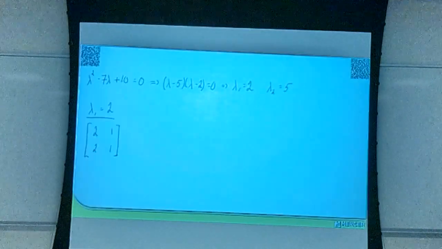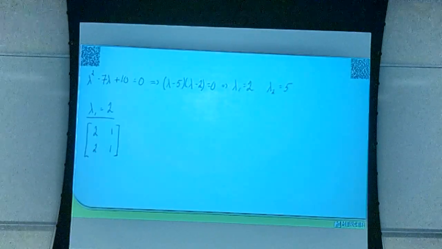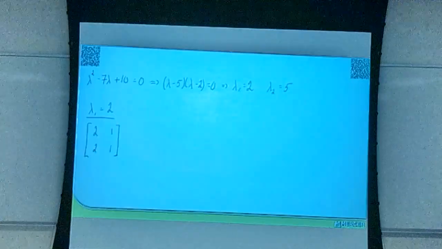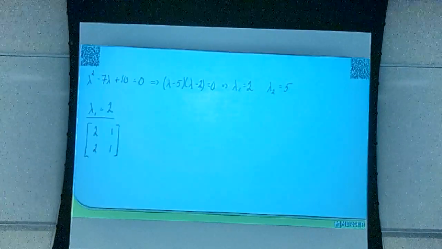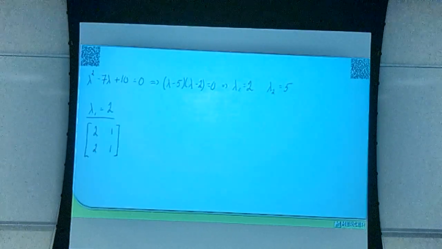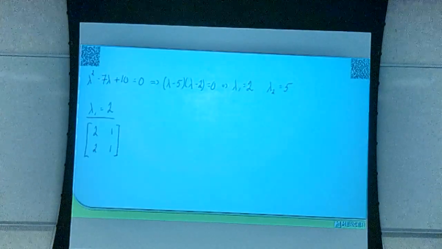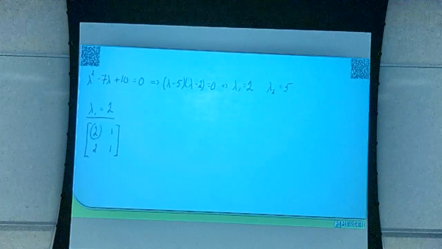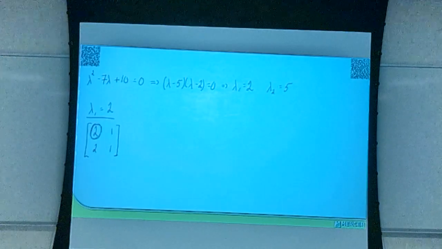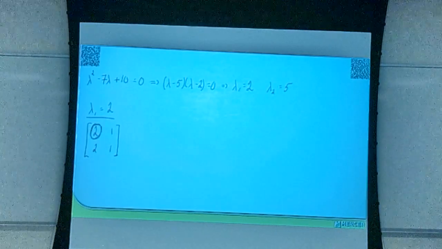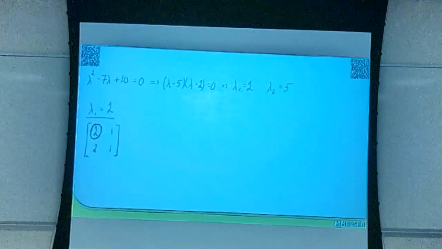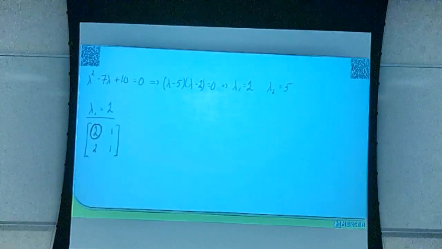Look at row 1, column 1. Is that non-zero? Yes. There's your pivot. Is it 1? Make it 1.